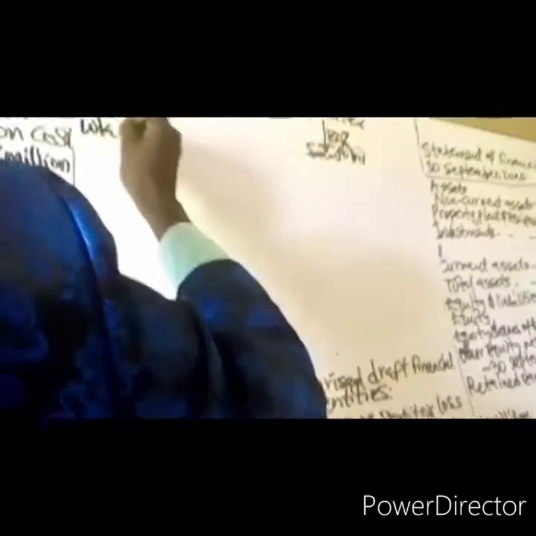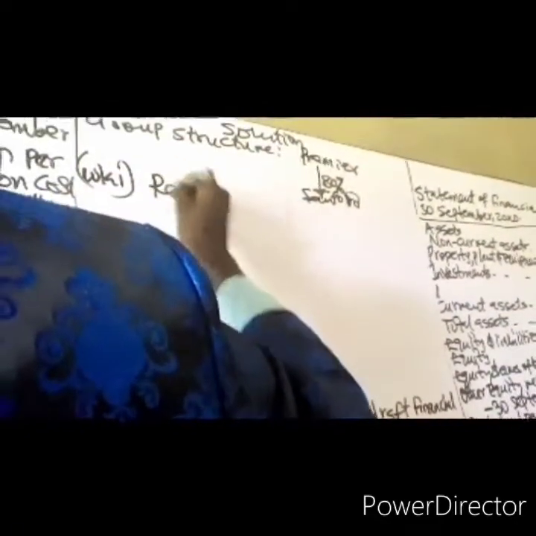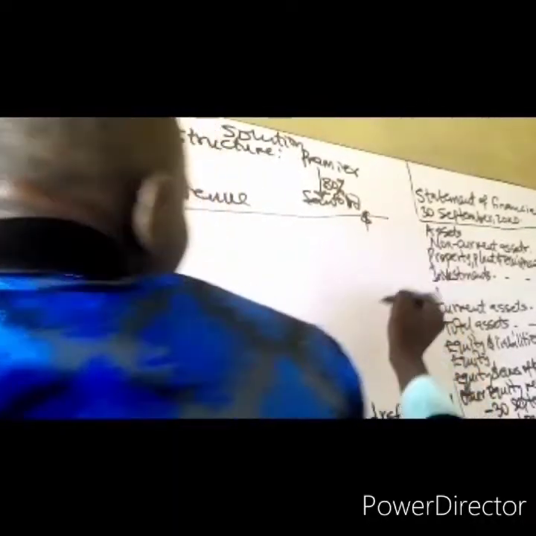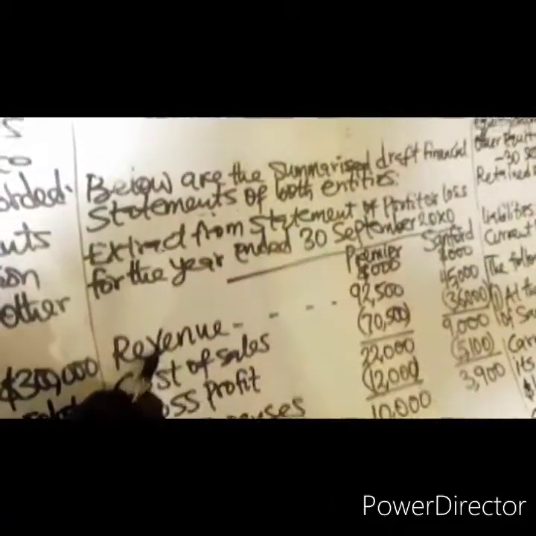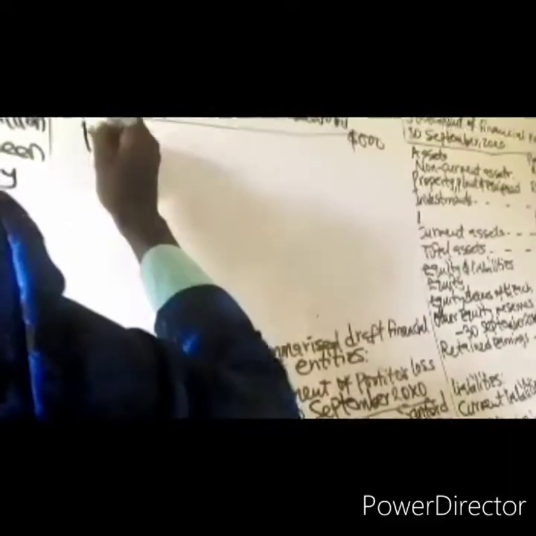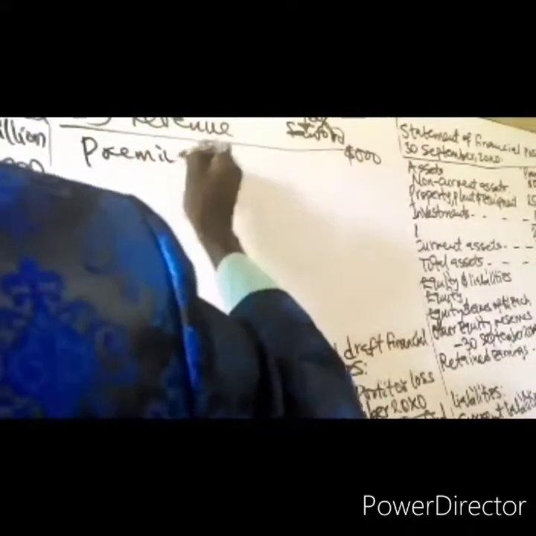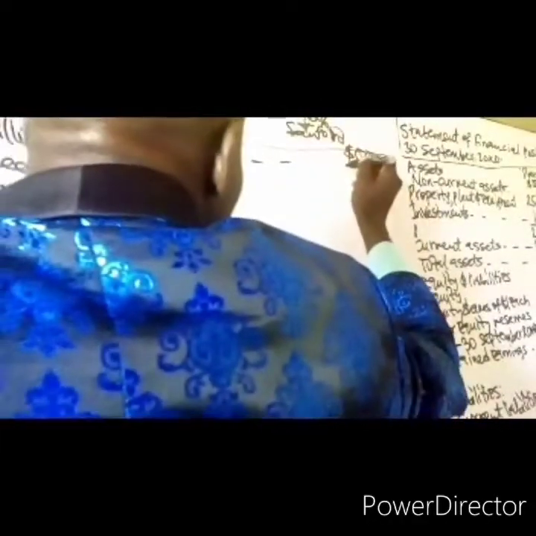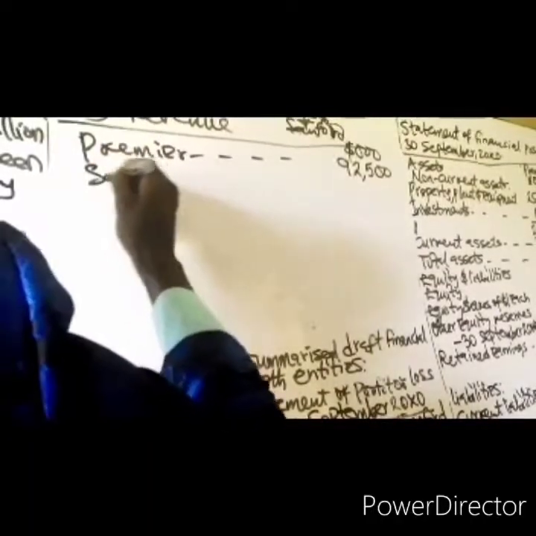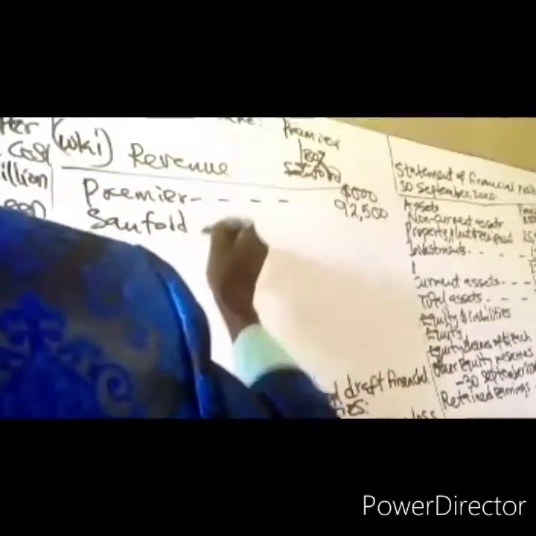Working one, we have revenue, the consolidated revenue. The revenue of the parent, which is Premier, is 92,500. The subsidiary is Sanford. The revenue of Sanford is 45,000.